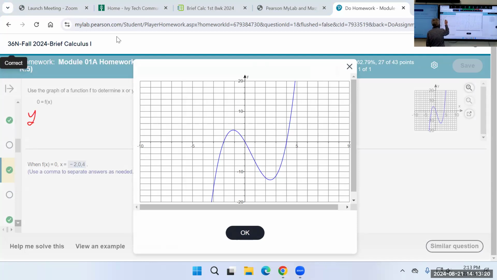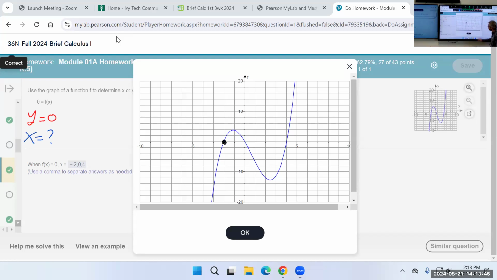So that is kind of like y equals 0. My algebra days. Y equals 0. So what does x equal when y equals 0? Those are the x-intercepts. So that would be located here.